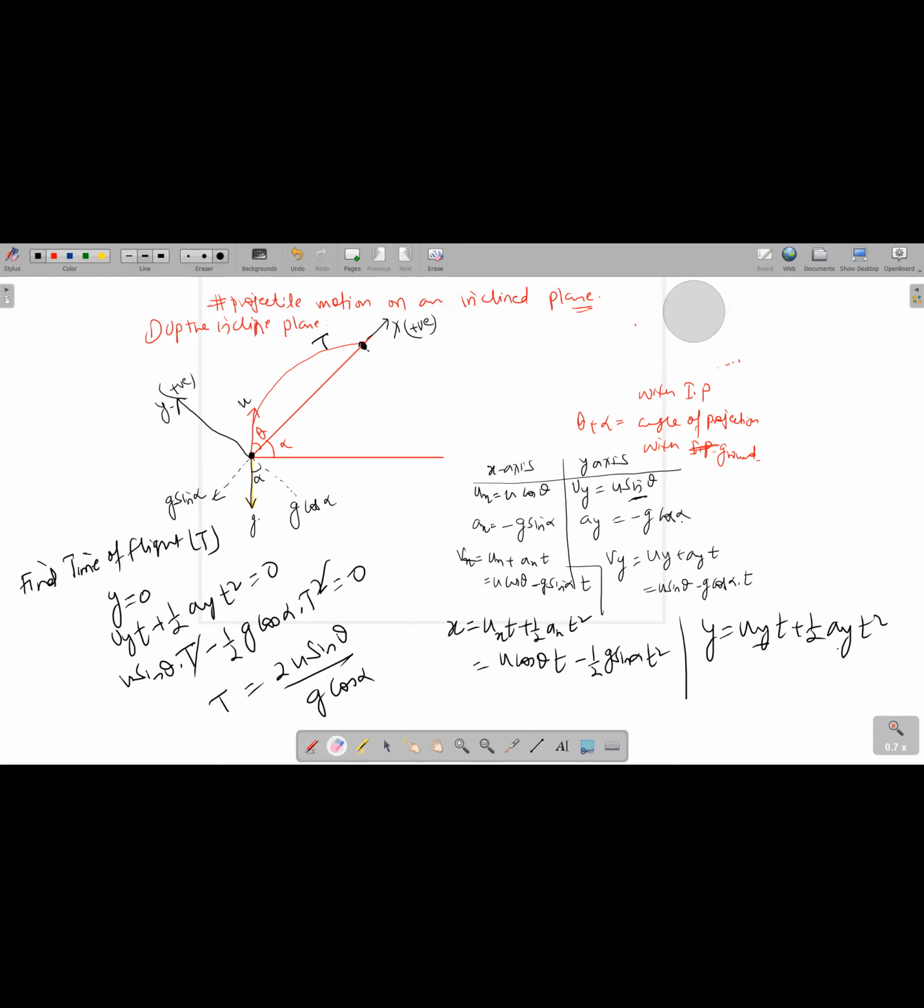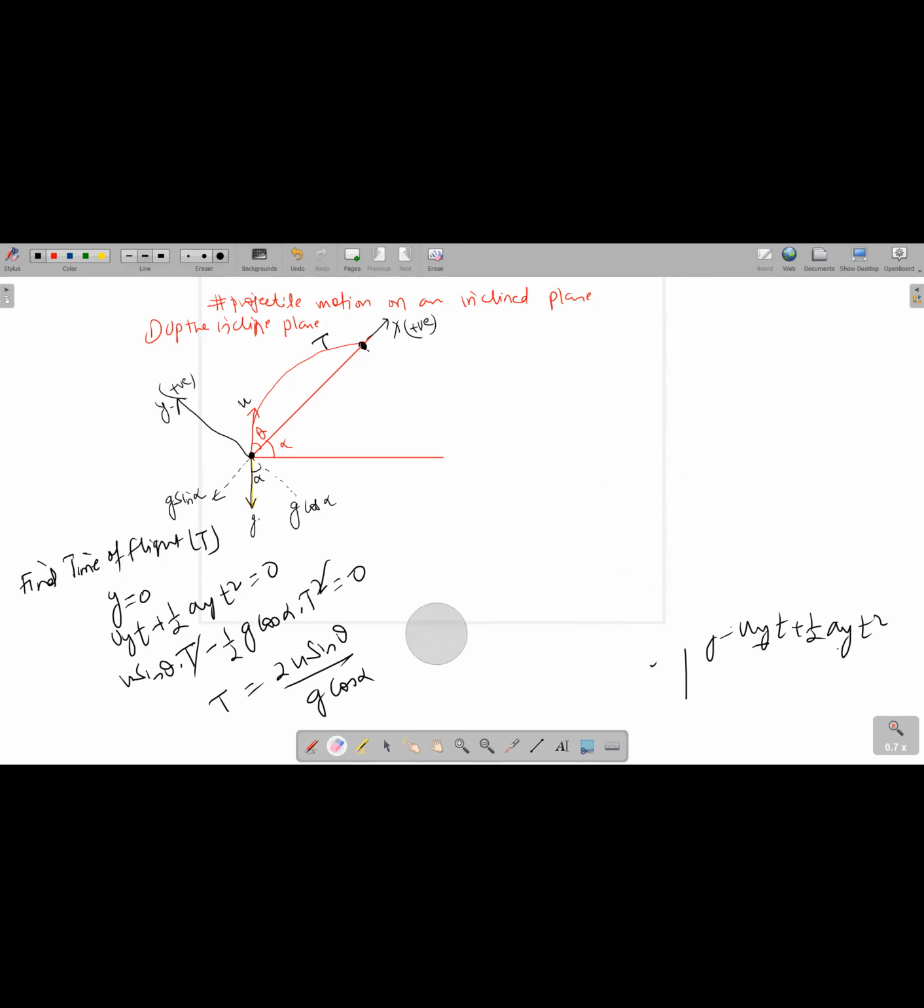You can observe one thing. When we talked about ground to ground projectile, at some angle theta with speed u the ball was projected, and the time of flight was 2u sin theta upon g, where g was acting perpendicularly downward.